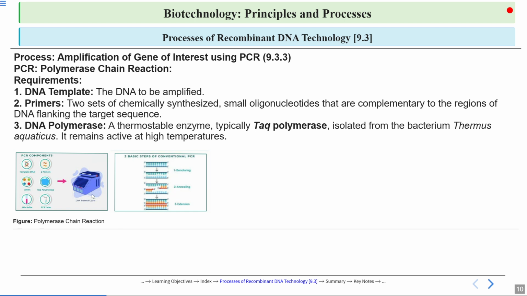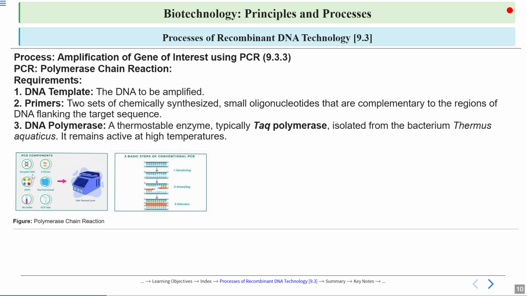So again, this is the same picture, and I will explain it here. As I've told, this is a PCR machine. This is the template DNA, the DNA that needs to be amplified. These are the two primers that are going to bind to this template DNA. These are the dNTPs, that is nucleotides.